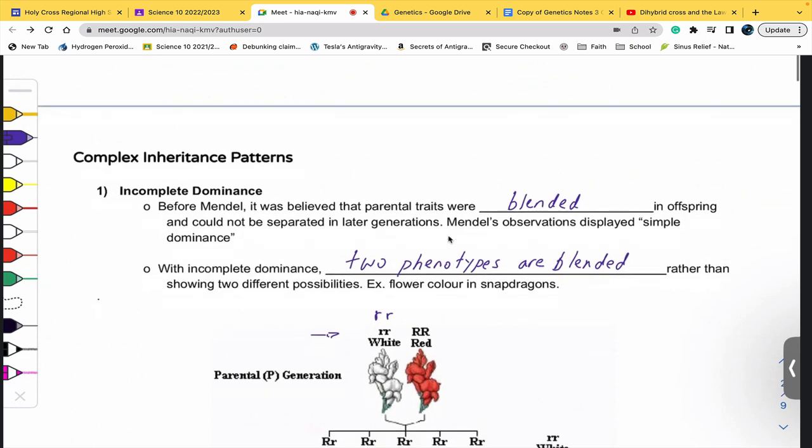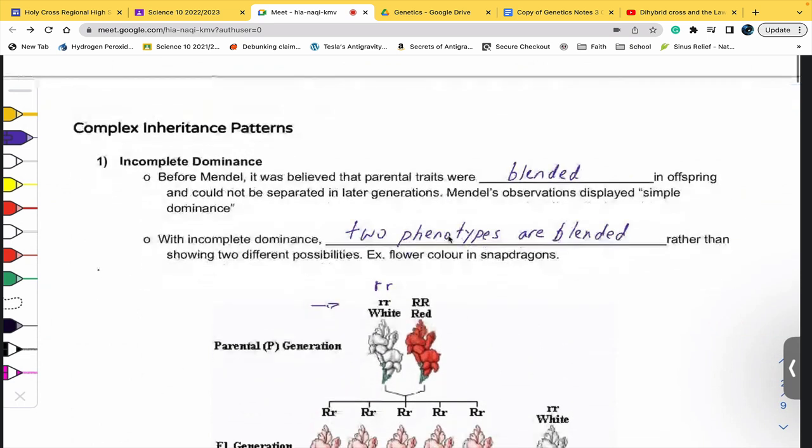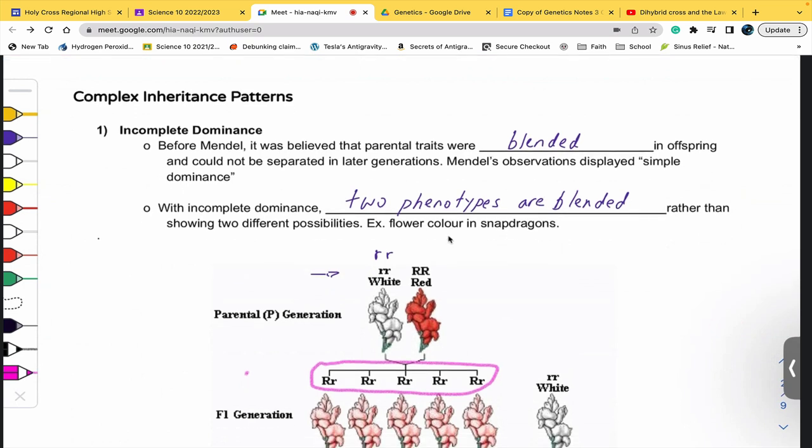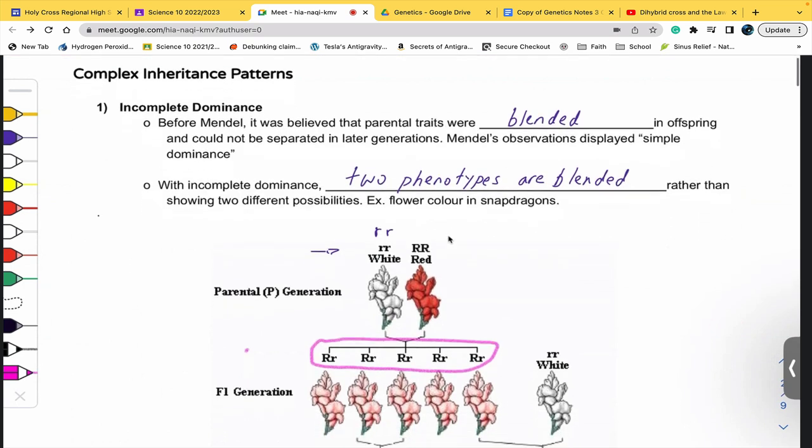Okay, so what do we have here? When we mix the 2 sets of alleles, using a Punnett square, we get the following. We get all of this. 4 heterozygous combinations, big R, little r, which in the case of incomplete dominance leads to pink snapdragons, which can be separated later on.